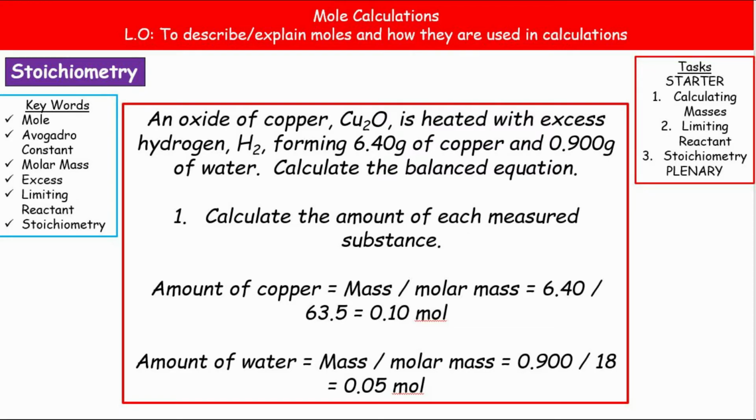So 6.4 divided by the molar mass of copper, which is 63.5, gives us 0.10 mole. Same thing for water, mass divided by molar mass, so 0.900 divided by 18, the molar mass of water, gives us 0.05 moles. So we've calculated the amount of copper and the amount of water in moles.